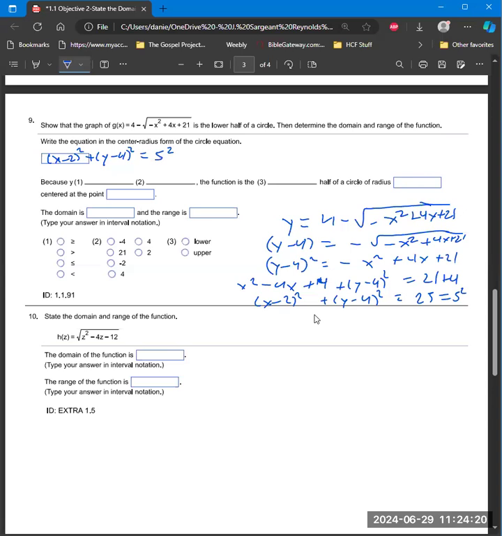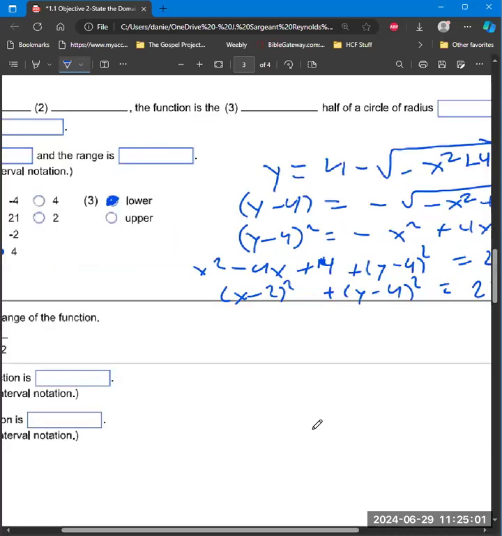And because y is less than or equal to 4 in the original equation there, the function is the lower half of the circle.